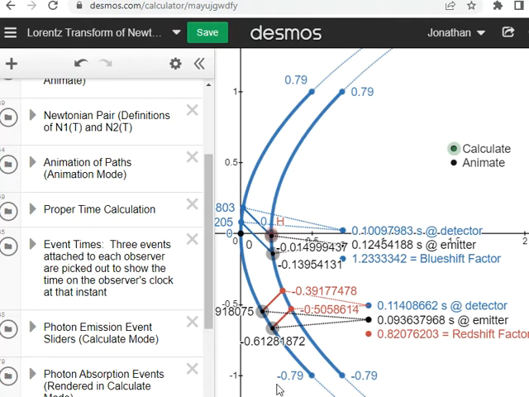Now these two paths are called a Newtonian pair, and it means that basically they're following the equation x = 1/2 at squared, and x = 1/2 at squared has this annoying problem that it actually reaches the speed of light in a finite amount of time.